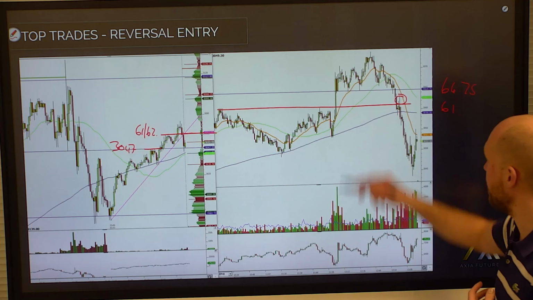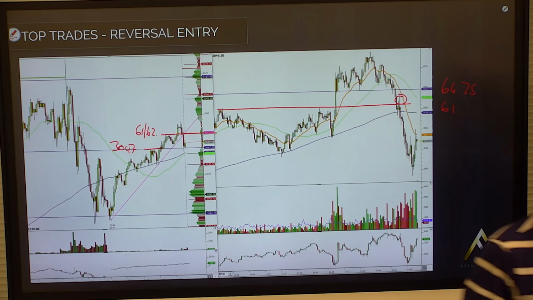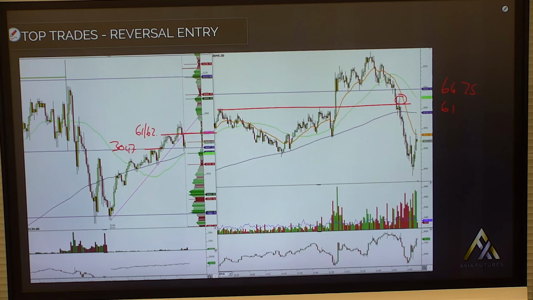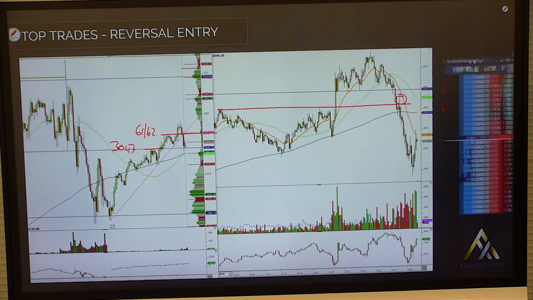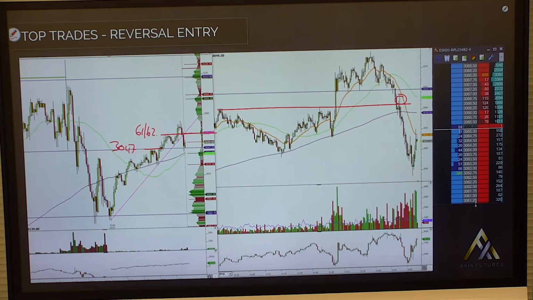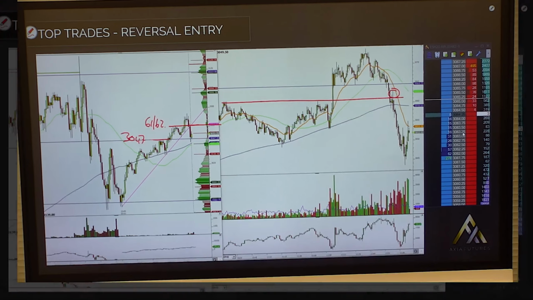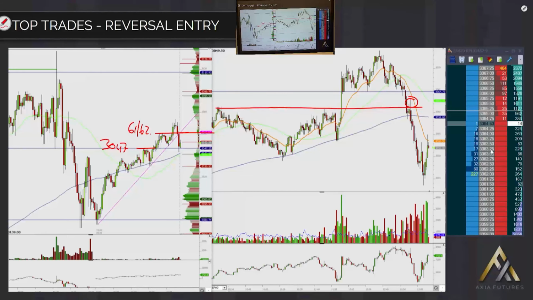This allows you to weather these little spikes back up. This is what you're looking for. And so in doing that, you're giving yourself the chance to hold the trade and to make it easier to hold the trade. And you're then also giving yourself the chance to add on at 61.